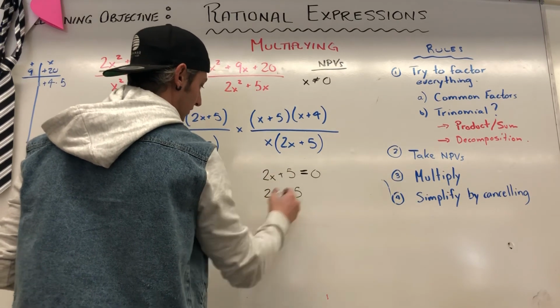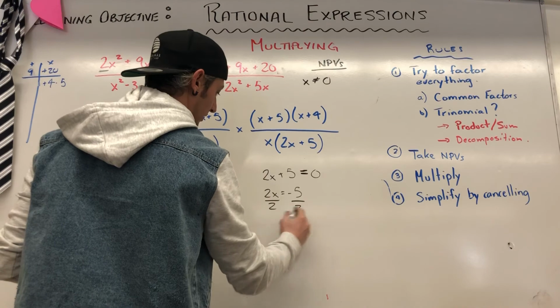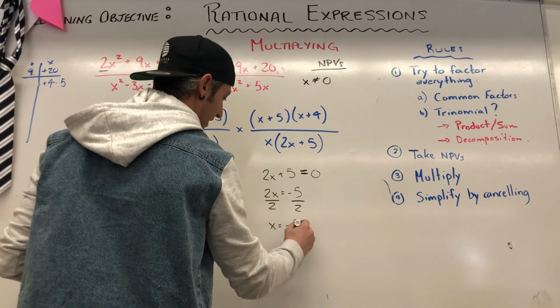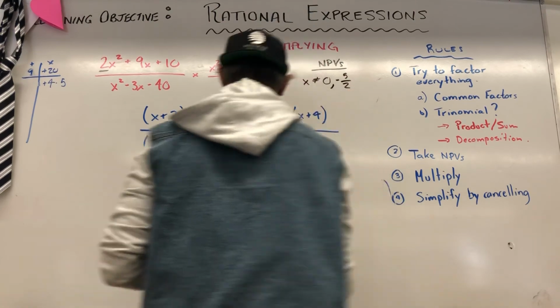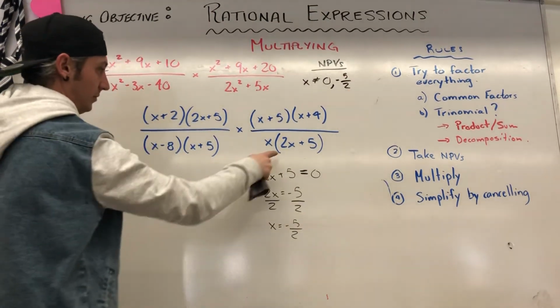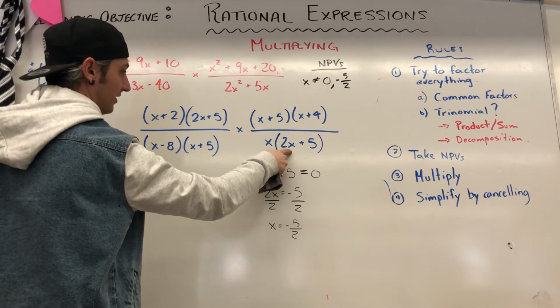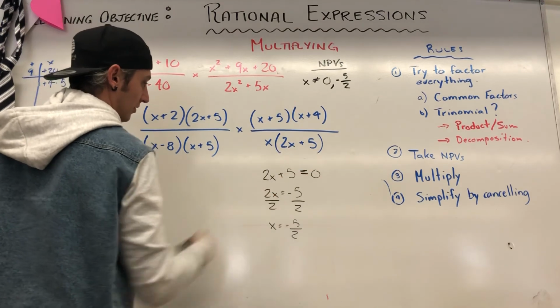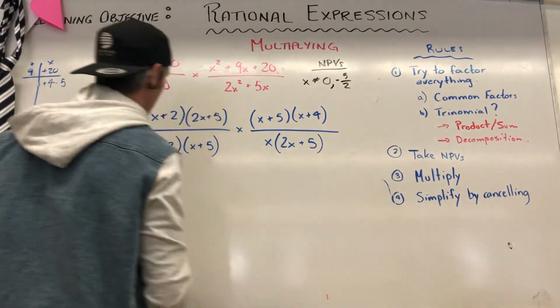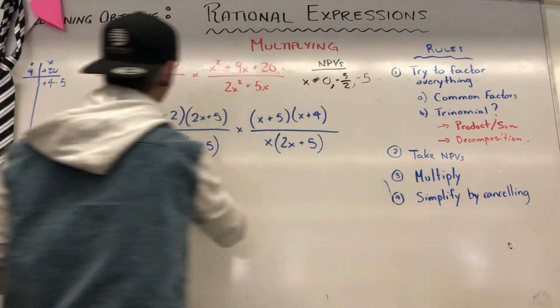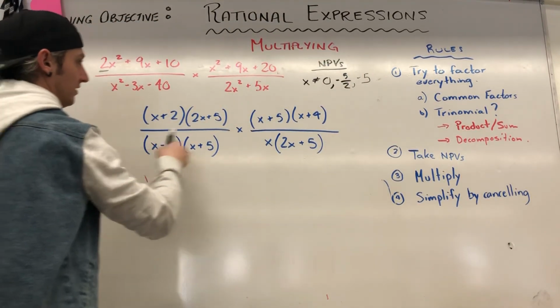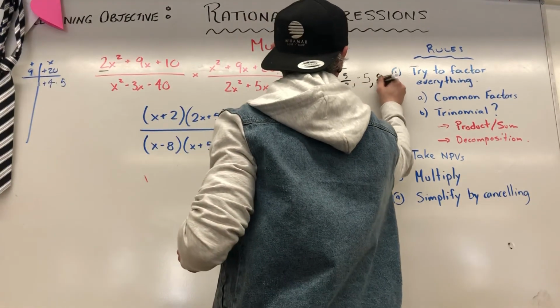I'm going to move the 5 over and then divide by 2. So I get x is equal to negative 5 halves. I'm saying what values for x will make 2x plus 5 equal to 0. Okay, here it's negative 5 plus 5 will make 0, and 8 minus 8 will make 0. So there's my NPVs.